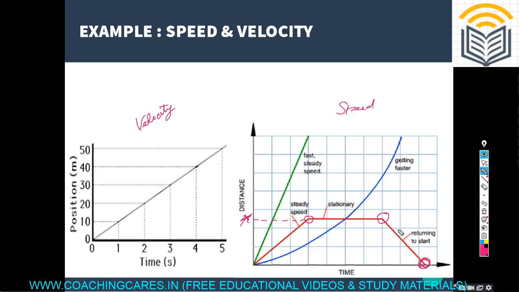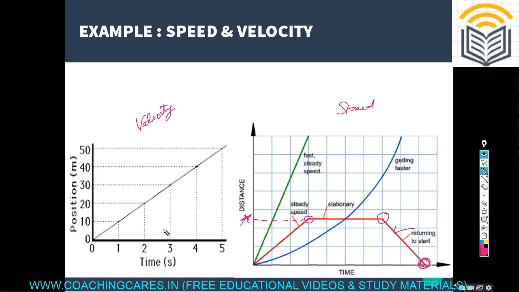So we can say this plotted line is returning to the starting position of the object where it started the journey. Like this, we can understand different stages of a plotted graph in different scenarios, I mean different values of distance and different values of time. We can define the plotted graph, and we can define the motion of that object in different conditions.